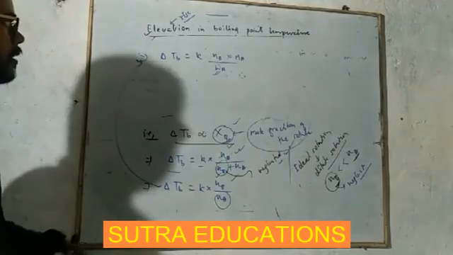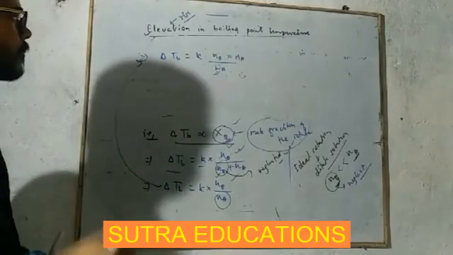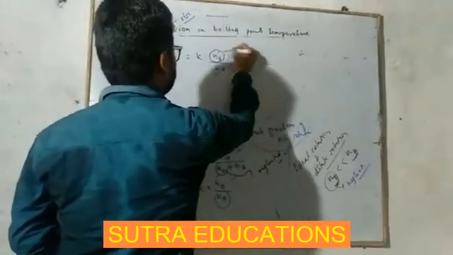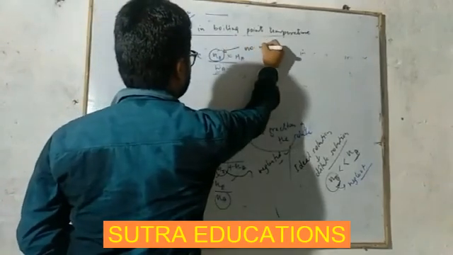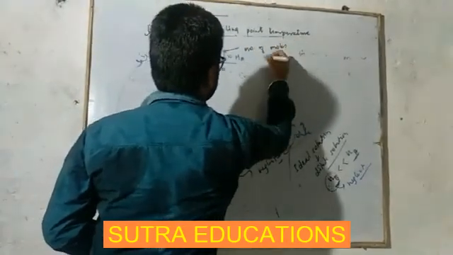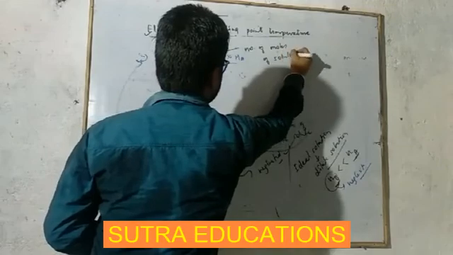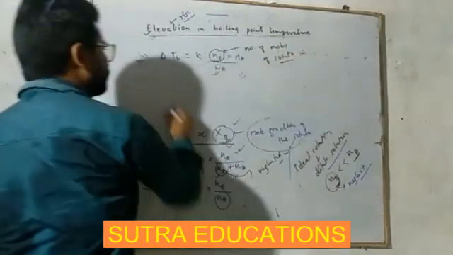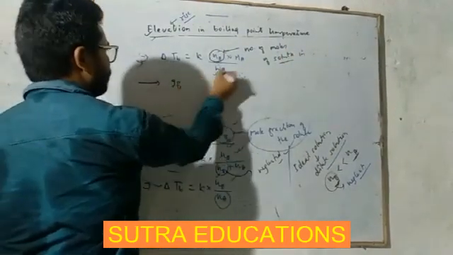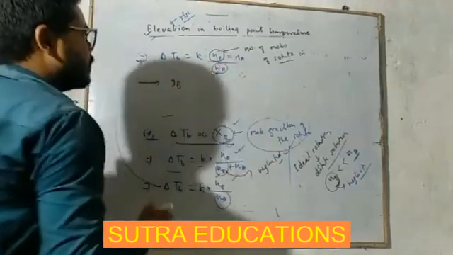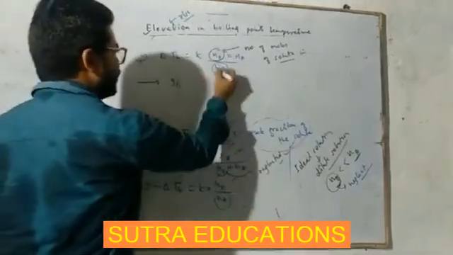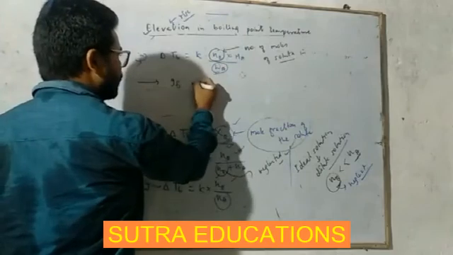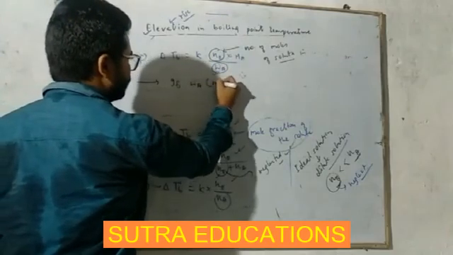Now this is the number of moles of solute. Wa means mass of solvent.